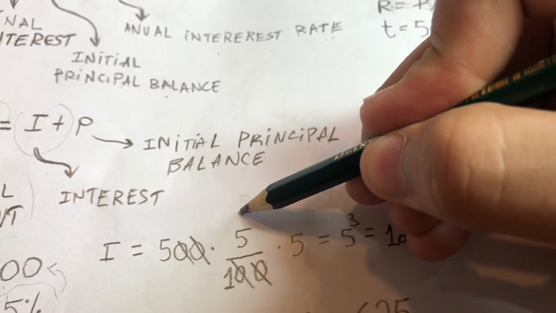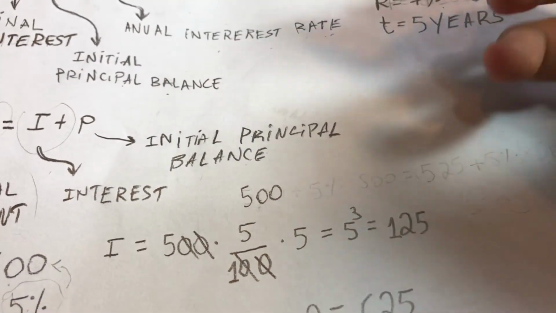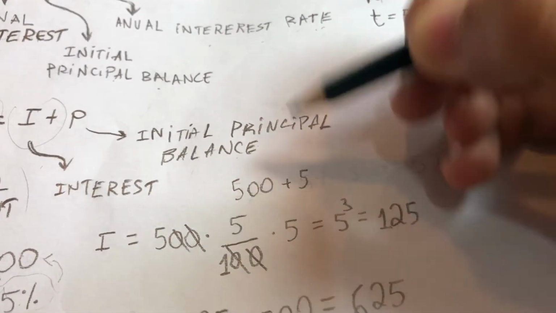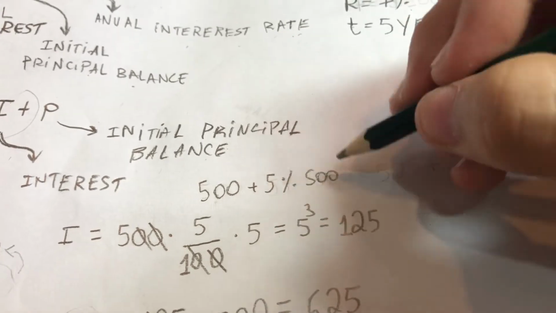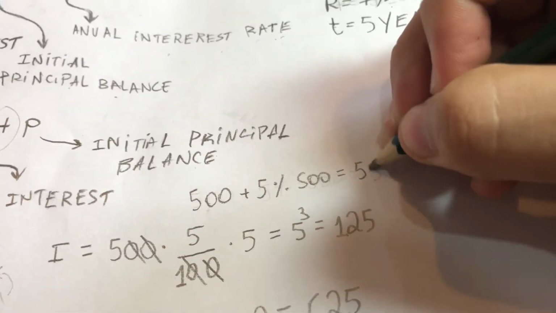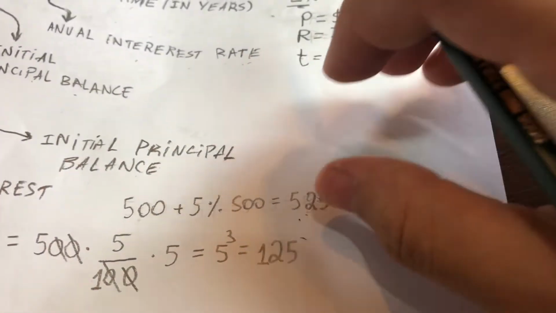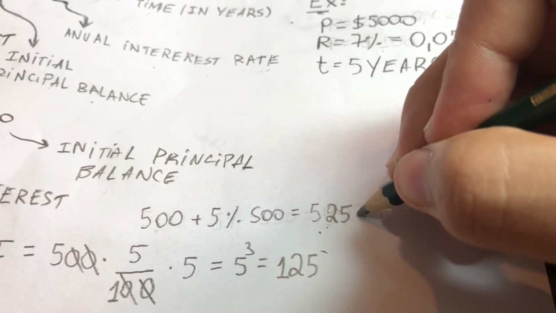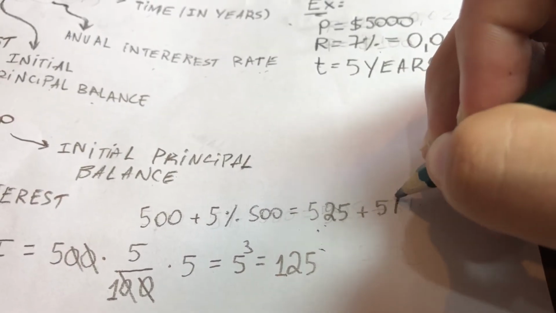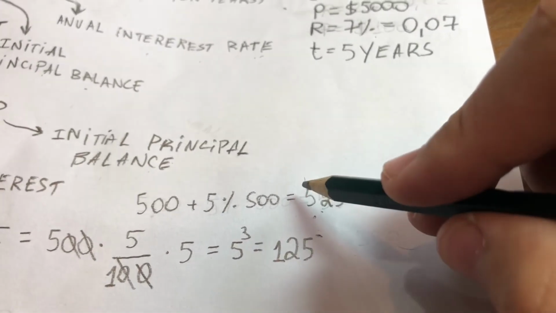So if we have $500, in the next year, we're gonna have plus 5% of this $500. This is equal to 525. Okay? But seeing that this is simple interest, in the next year, we're gonna have plus 5% of 500, not above this new value.